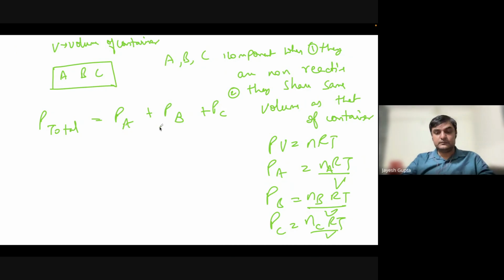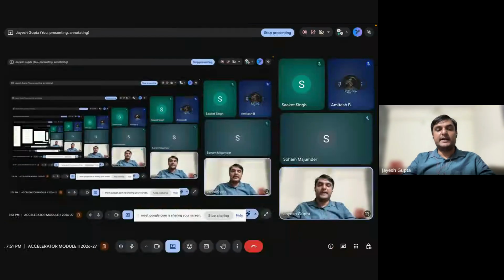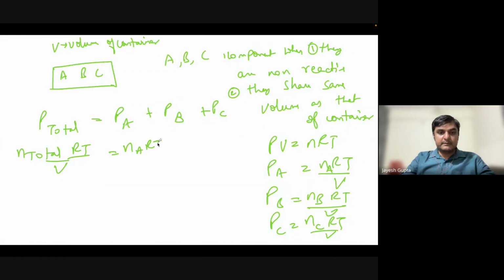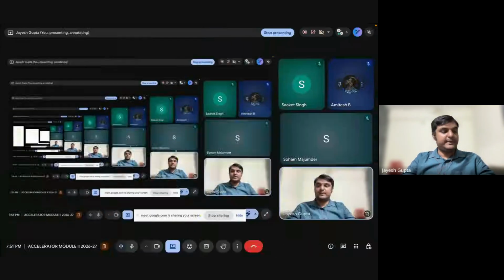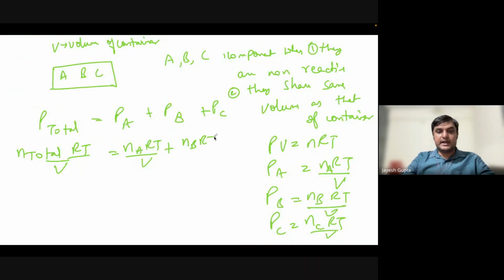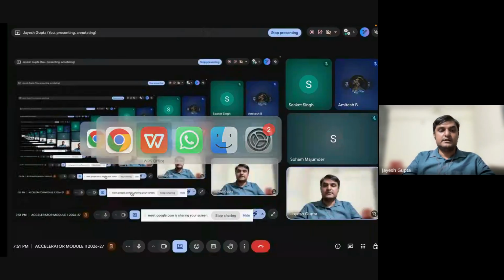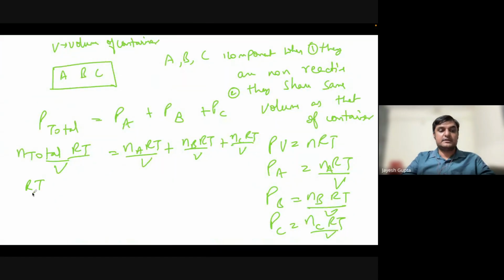Now I can substitute in place of PA, PB, PC, and P total can be written as n total RT by V. So in place of PA, I will be writing nA RT by V. In place of PB, I will be writing nB RT by V. In place of PC, I will be writing nC RT by V. Now RT by V can be taken common.